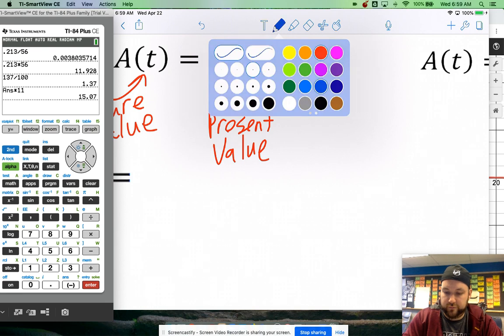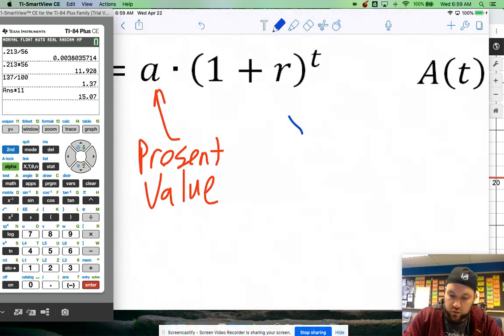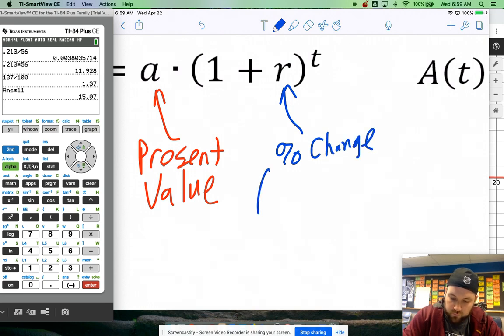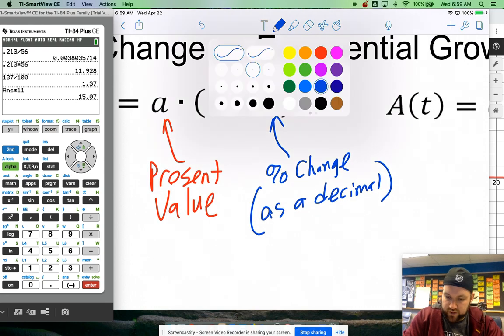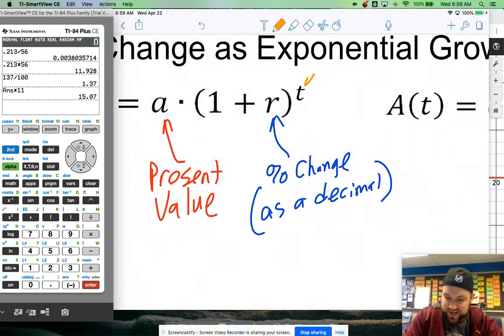And so we have this 1 plus r, which r is going to be the percent change. But the most important part is this has to be written as a decimal. Okay. If it's a 5% increase, you can't just put the number 5 in there. It has to be 0.05. Then finally, we have t, which is time. Often this is in years, but not always.